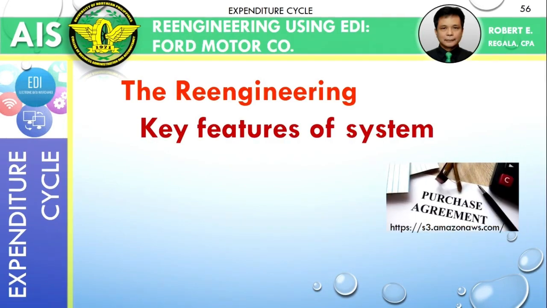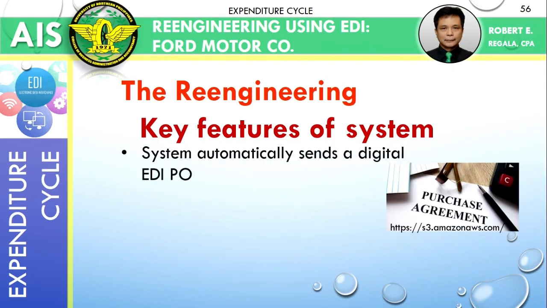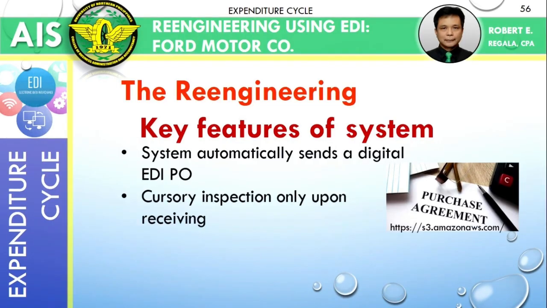1. As inventory needs are detected, the system automatically sends a digital EDI purchase order to the vendor. 2. When the goods arrive, receiving personnel perform only cursory inspection, since quality and quantity are guaranteed by the trading partner agreement. 3.